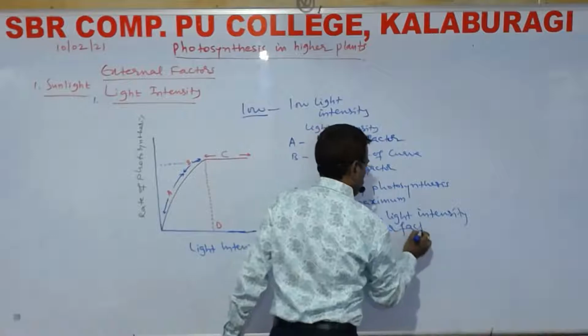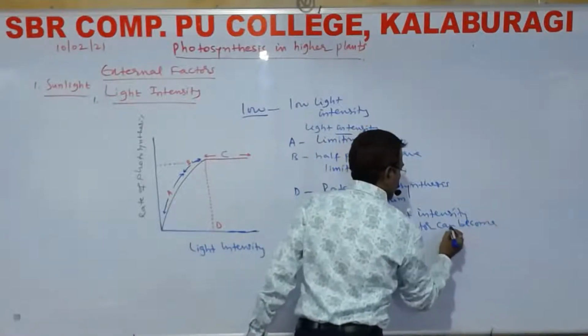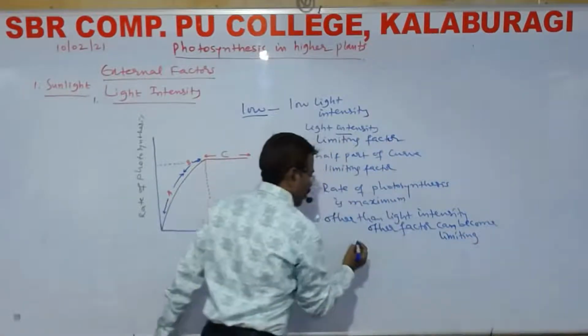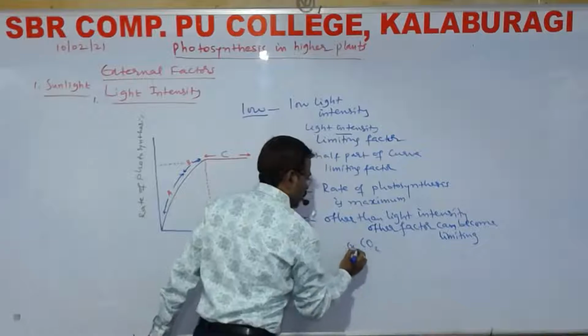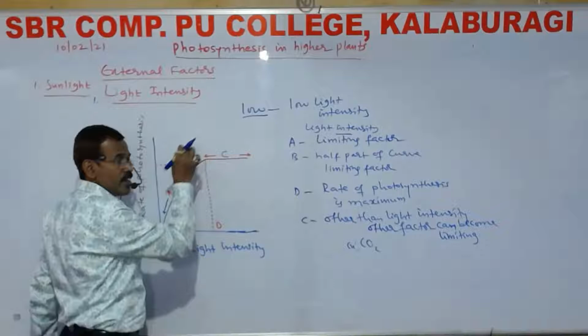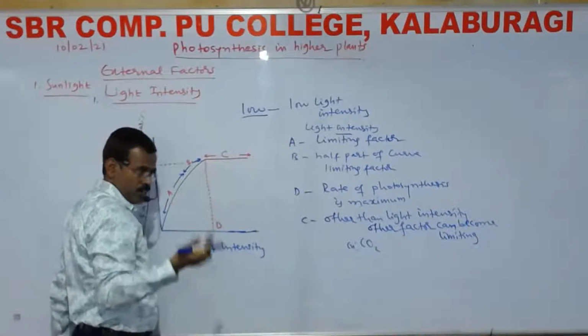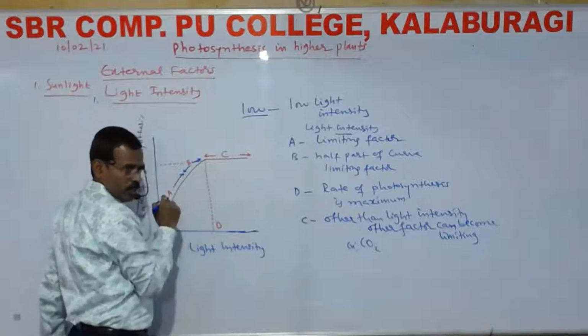For example, carbon dioxide can become the limiting factor. Even though high light intensity is there, once it reaches the maximum state, this is the saturation point.